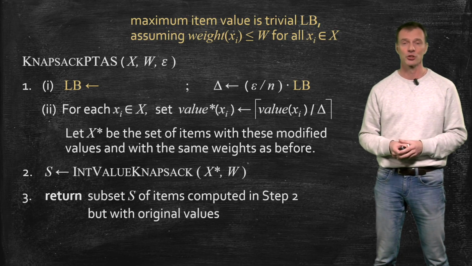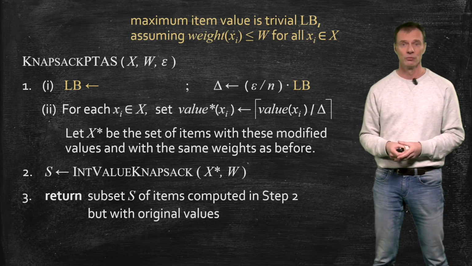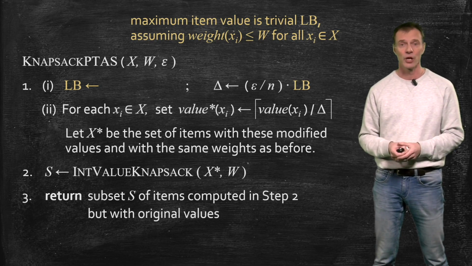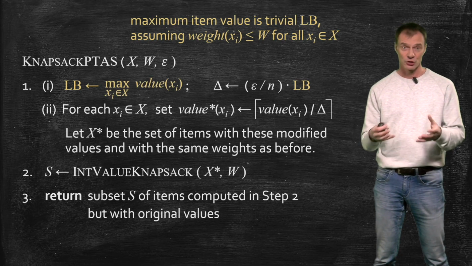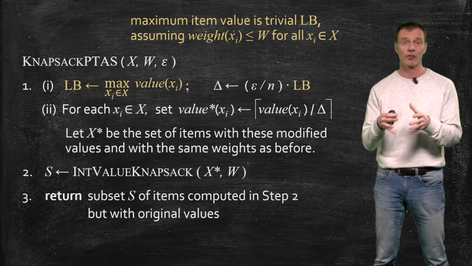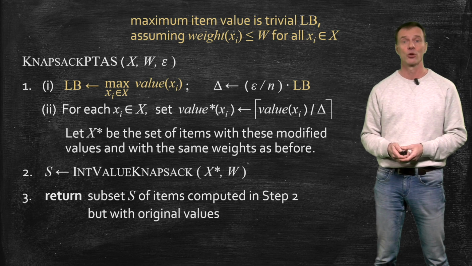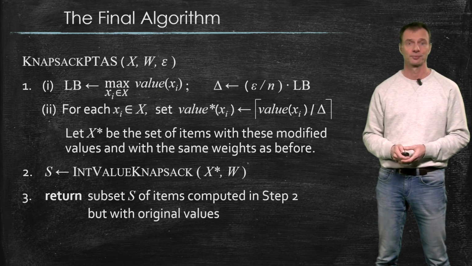Here I assume that there are no items whose weight is bigger than W, because such items are completely useless. I'm not allowed to take them anyway, so before we do anything, we just throw them out. And so if all our items have a weight at most W, then the maximum value of any of my items is obviously a lower bound on the best subset that I can get. So this is going to be our final algorithm.